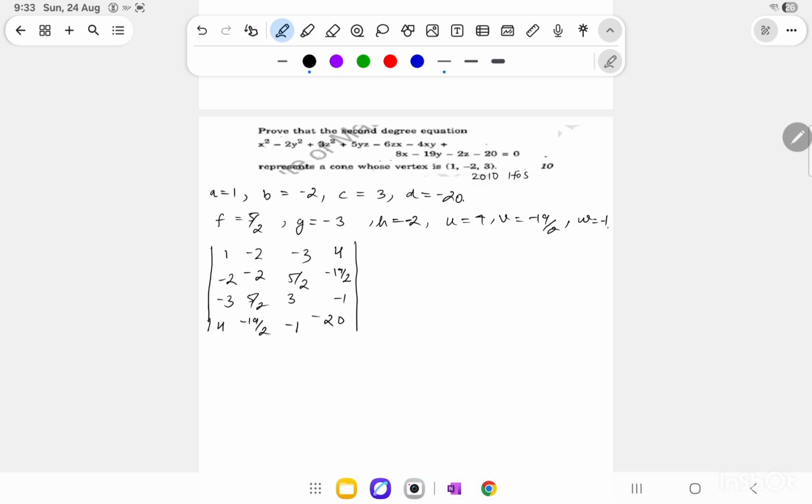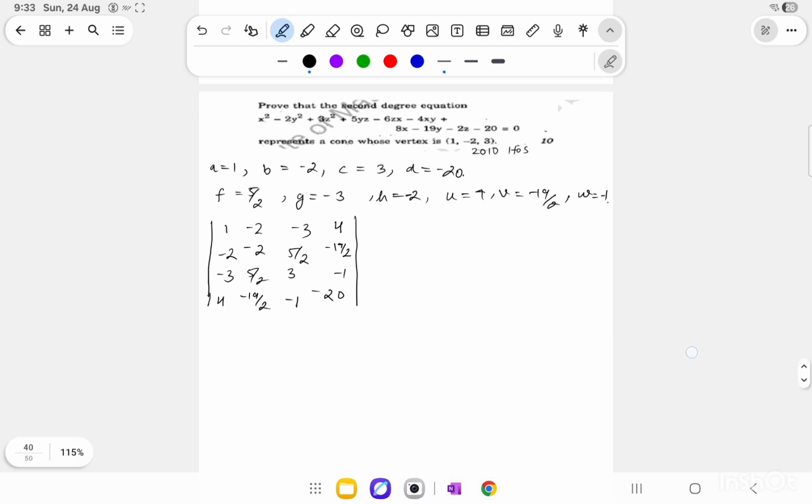If this comes out to be 0, then our given equation represents a cone, and further we are supposed to find its vertex.